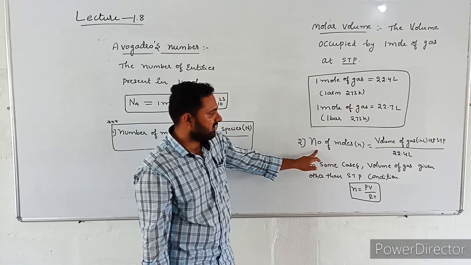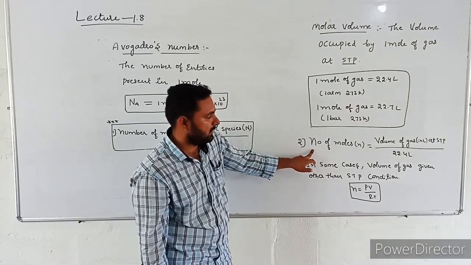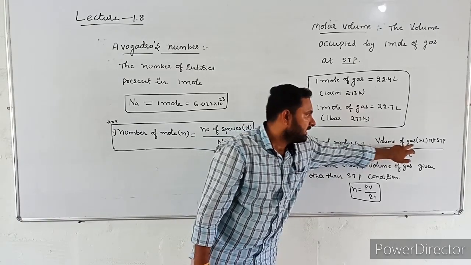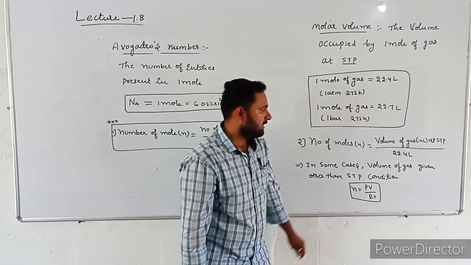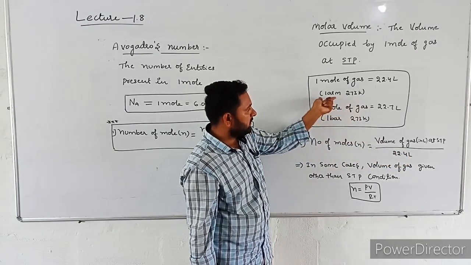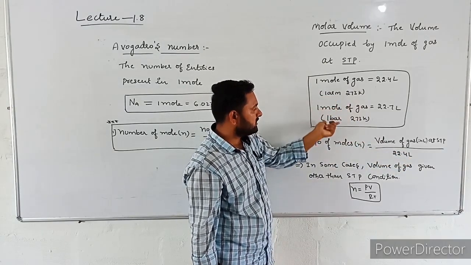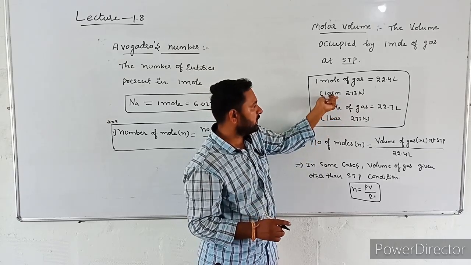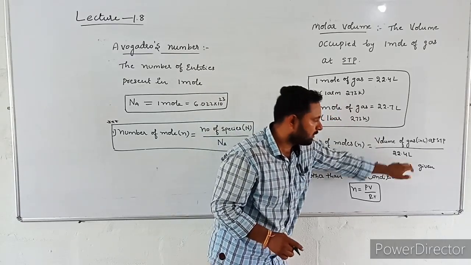To calculate number of moles, use this formula. The number of moles is equal to volume of gas in liter at STP divided by 22.4 liter. If the pressure is 1 atm or 1 bar, they will mention it in the question. If the pressure is 1 atm, use 22.4 liter.